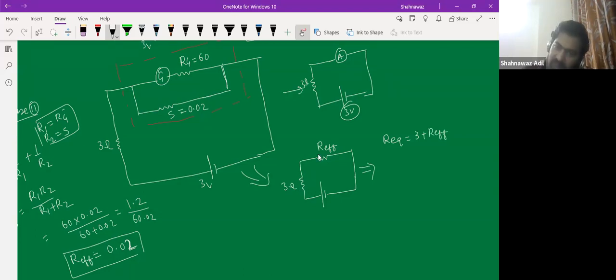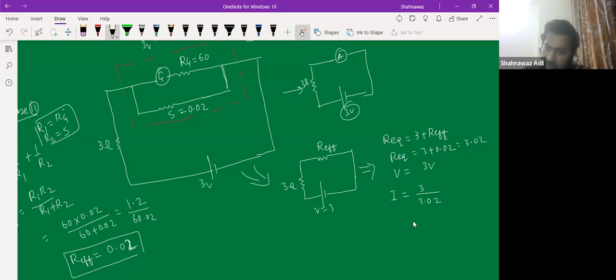So 3 plus 0.02 is the new effective resistance that we'll get. And voltage is 3 volt. So then what would be the current? This would be 3 divided by 3.0.